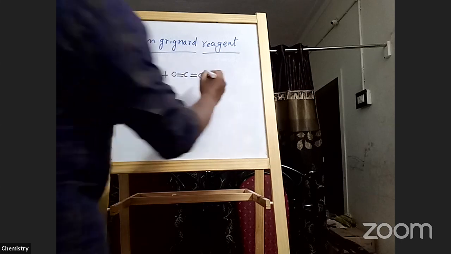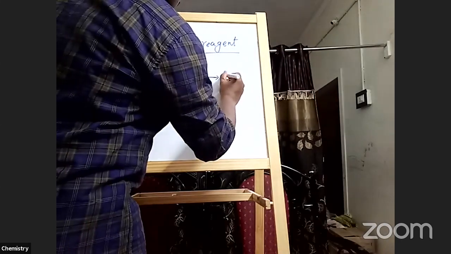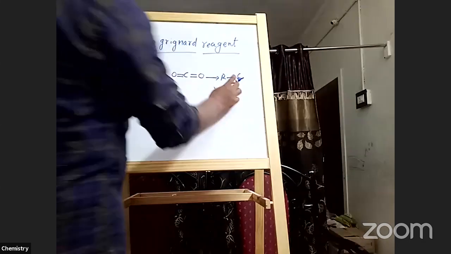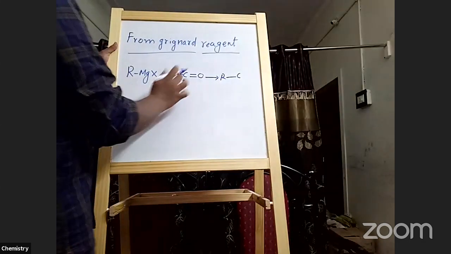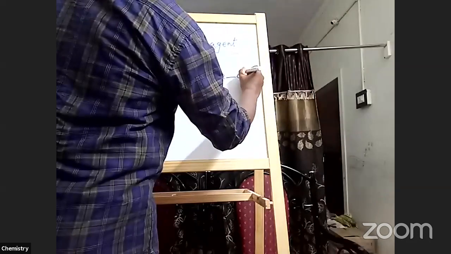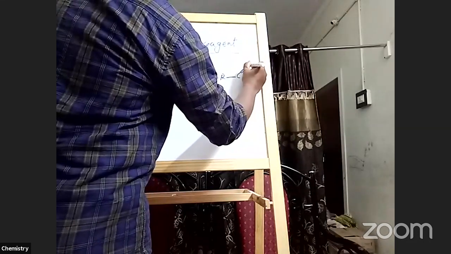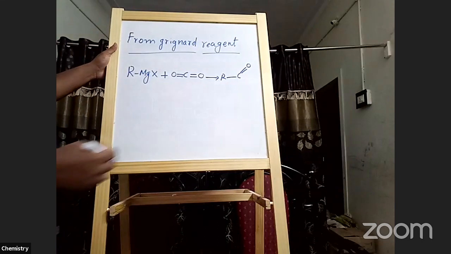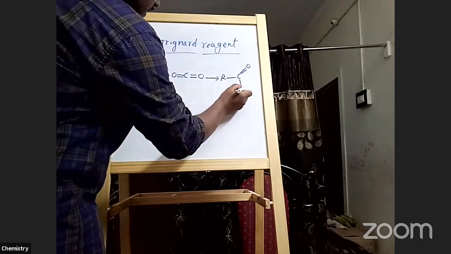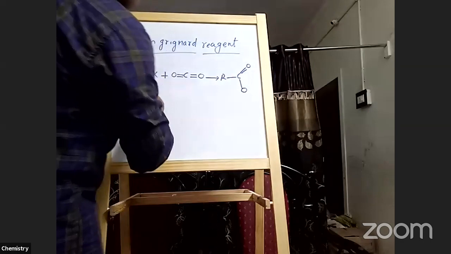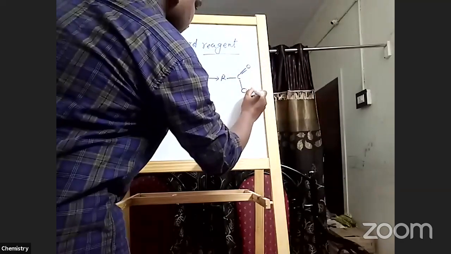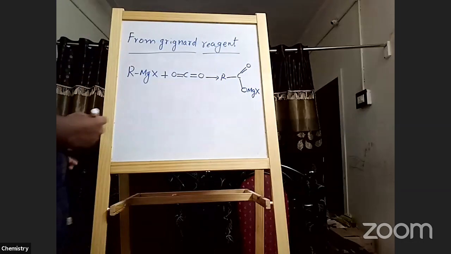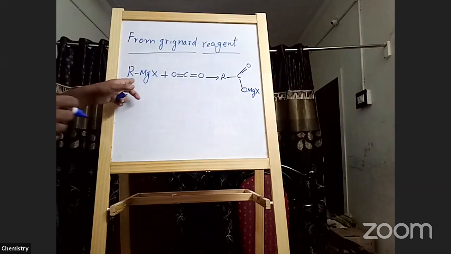So we get R on the carbon, the added alkyl group, with a carbon-oxygen double bond, and for the other oxygen, the MgX will be adding. Let me repeat once again.